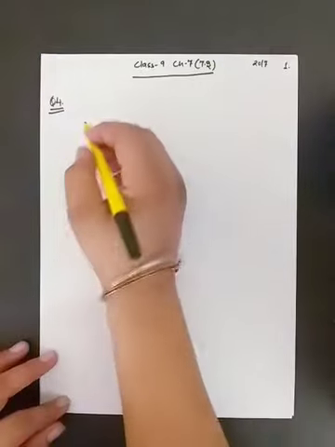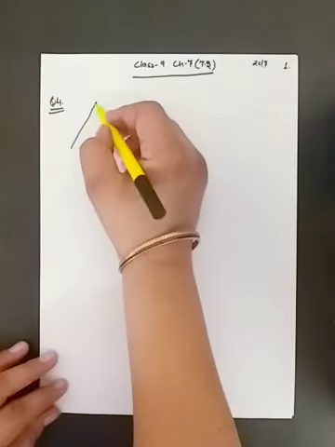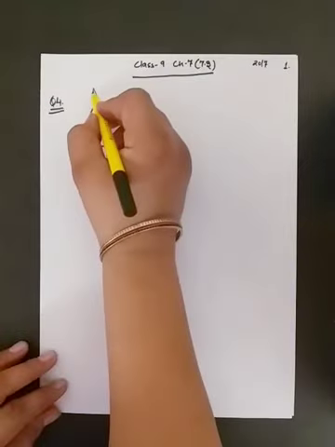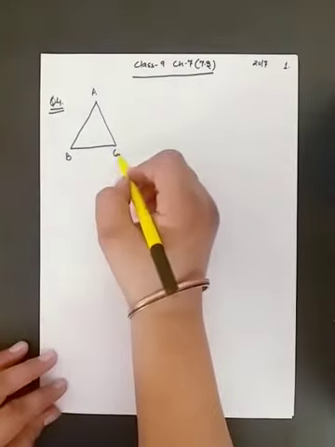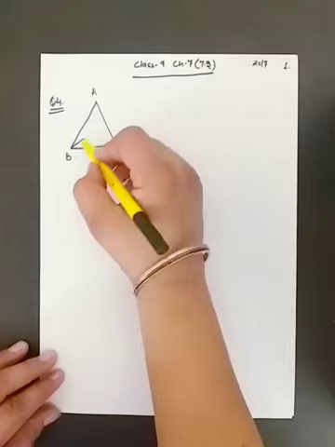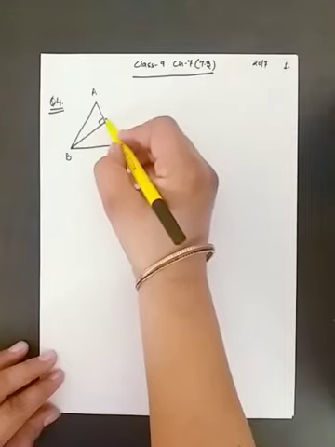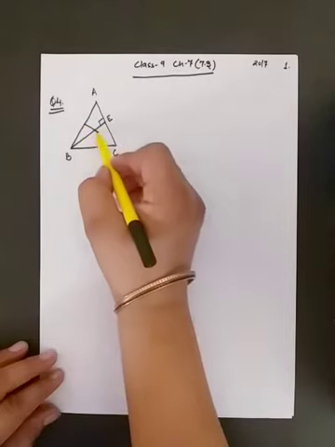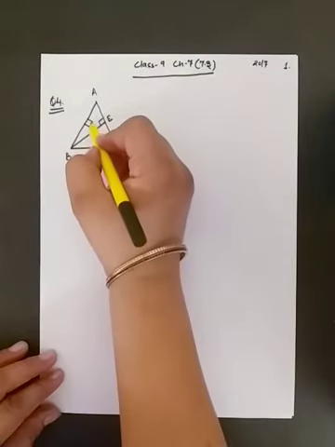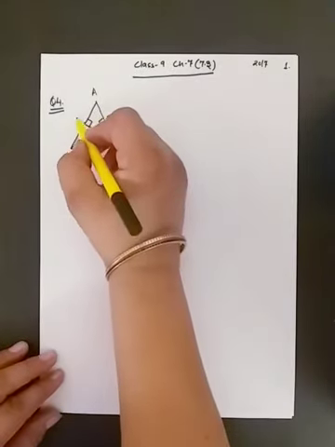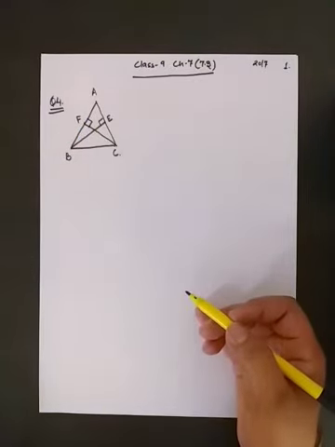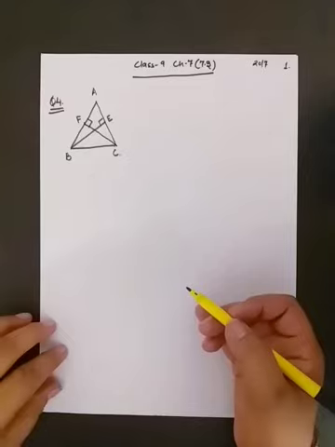triangle. For this what we have to do? First of all we will draw the figure. In triangle ABC, BE altitude means it is perpendicular to side AC and CF is perpendicular to side AB, and both the altitudes are equal in length.